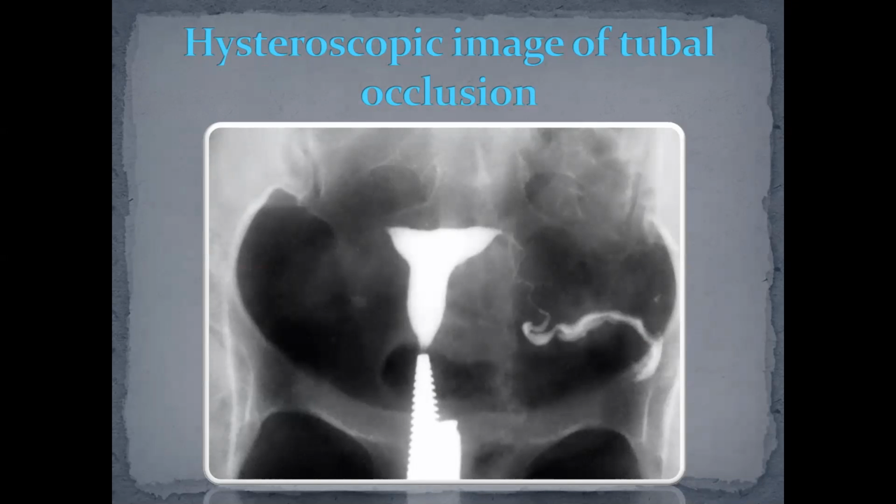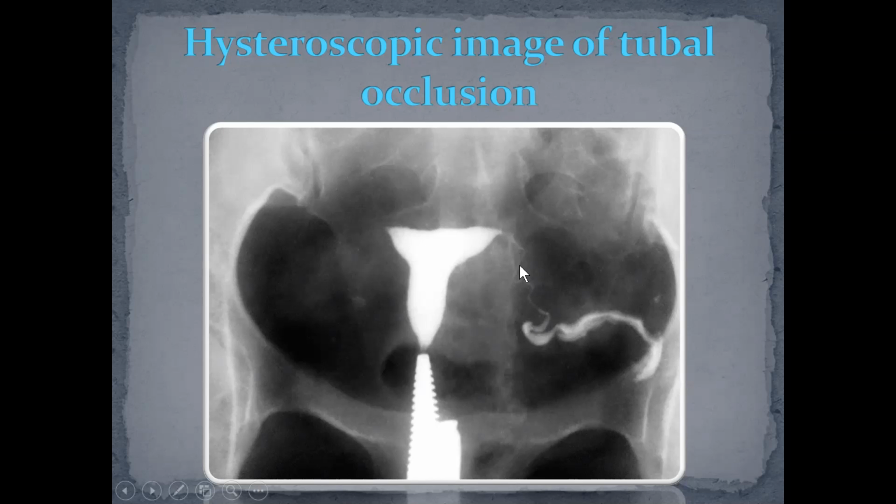It's a method of examination very popular in gynecology, and it's based on the administration of a special contrast dye into the uterine cavity by a special pump, and when this dye fills the uterine cavity, it flows through the fallopian tubes, filling the tubal cavity, and after that, it goes into the abdominal cavity.